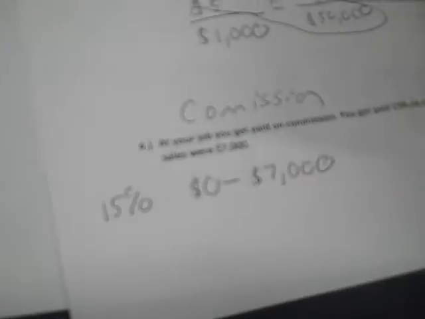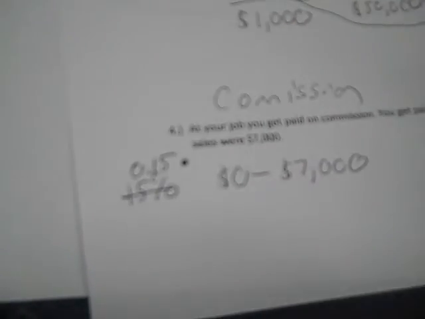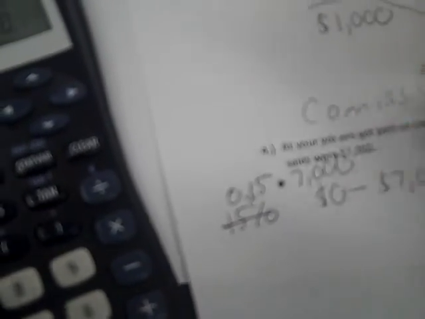Okay, now we need to make our percent operational by dividing 15 by 100. So I cross that out, 0.15 times, then I take 7,000 minus 0, 7,000. So I take 0.15 times 7,000, and I get 1,050.